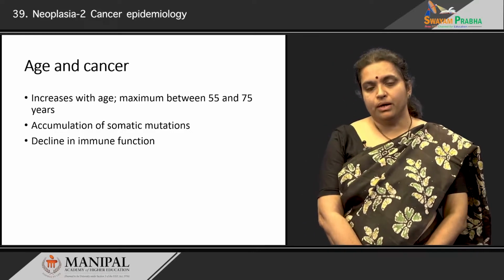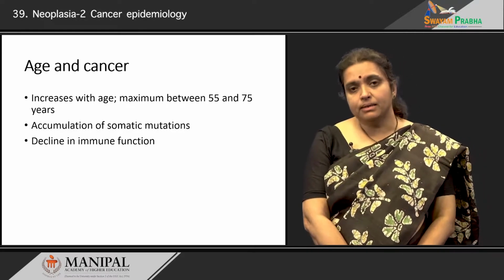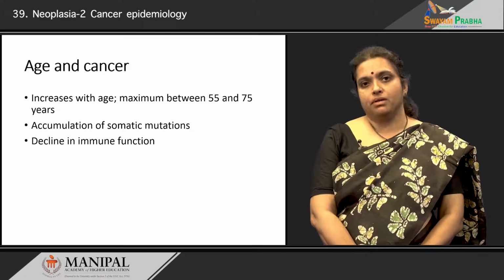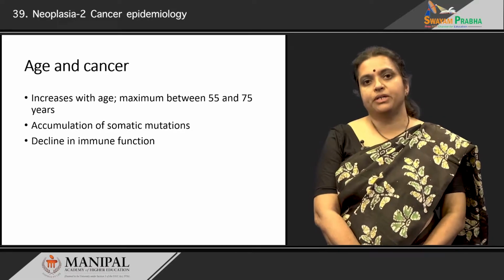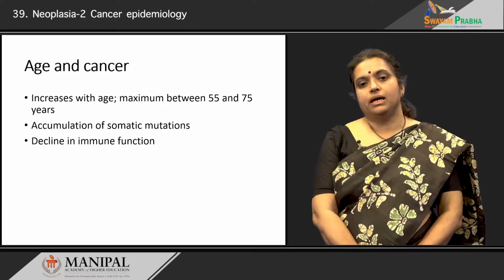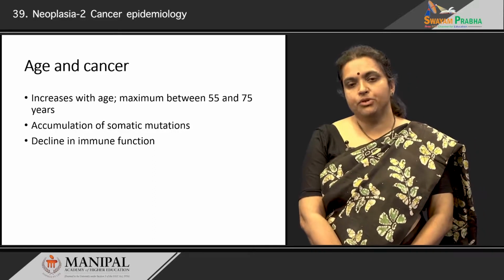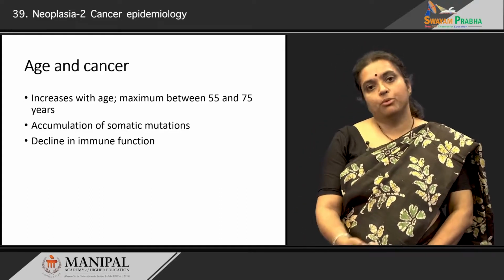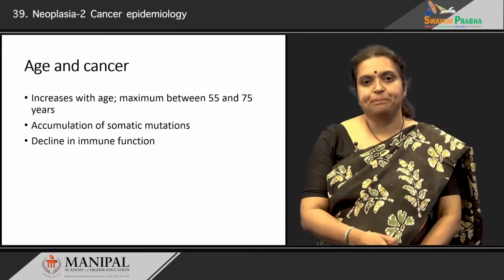As we will be discussing later, tumors are also kept under control because of good immunity, and as with age the immune function becomes less and less, these patients are more prone to develop cancer.